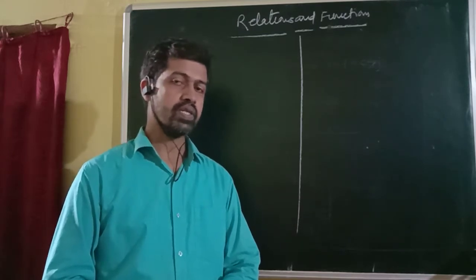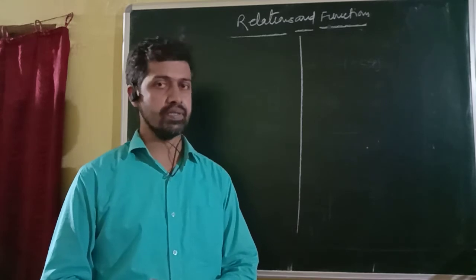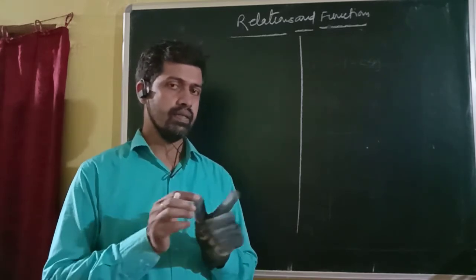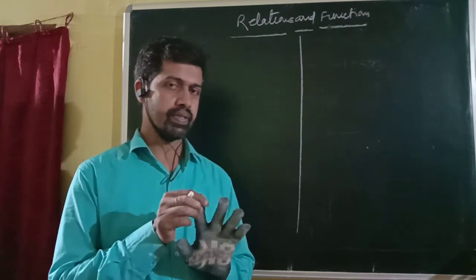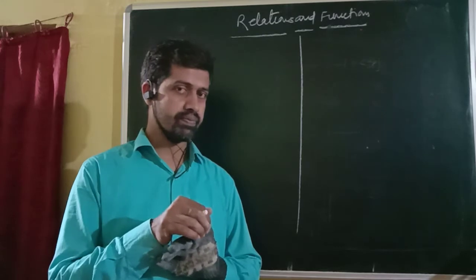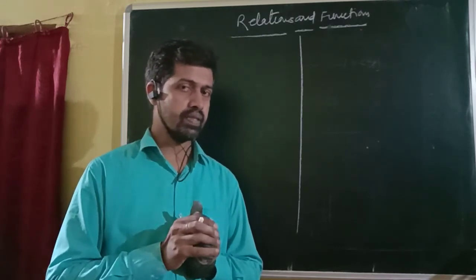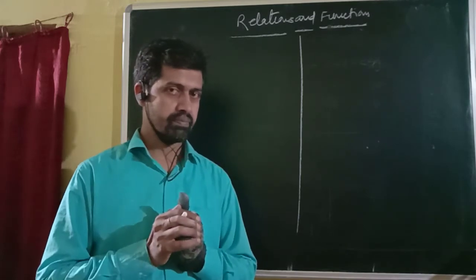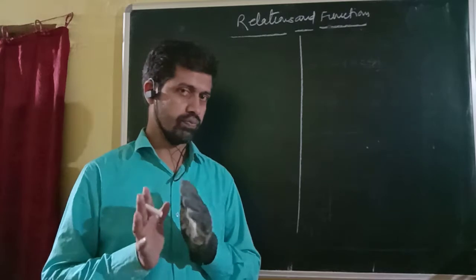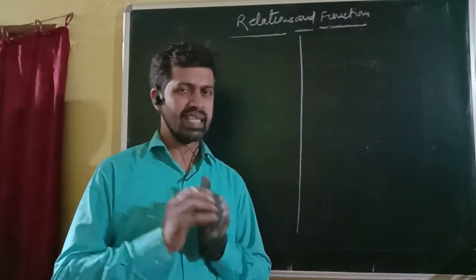In the last class of relations and functions, we discussed types of relations: empty relation, universal relation, reflexive, symmetric, and transitive. Not only did we discuss the types of relations, but suitable illustrations for the different types were also discussed in detail.